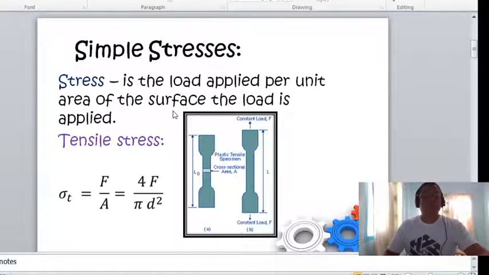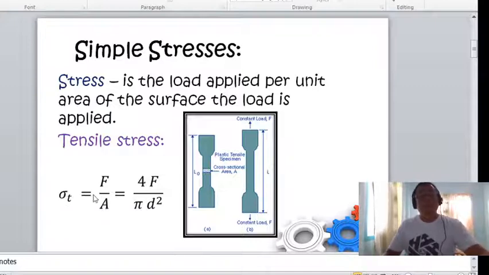Knowing that the formula for stress is equals to F over A, take note that this is called tensile stress, designated with sigma T. The subscript T represents the tensile stress or load.